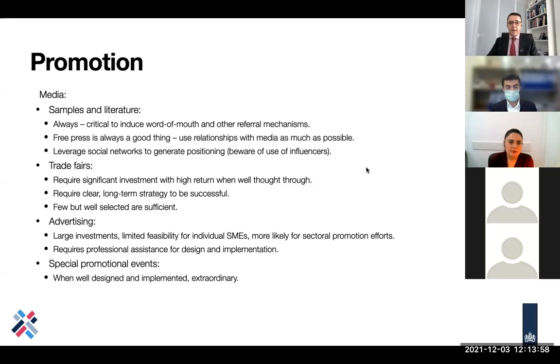And you do that over a week. Maybe you have a bigger impact in terms of raising the awareness of the French public towards the Azeri products and culture, and they may be interested in, they maybe want to know more, and maybe they want to visit Azerbaijan and whatever. So special promotional events can be incredibly powerful.